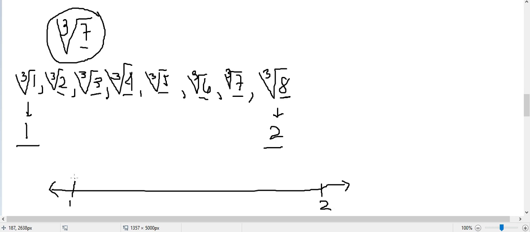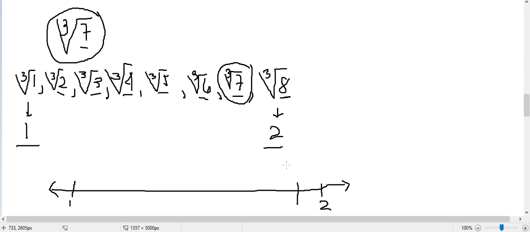That is cube root of 1 and cube root of 8. And cube root of 7 is very much closer to cube root of 8. Therefore, cube root of 7 lies this part.